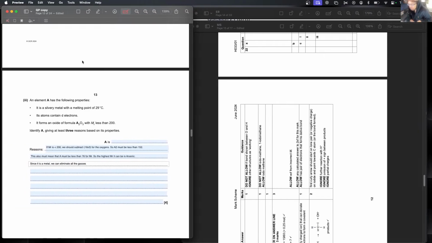Alright. It contains d electrons. Because it contains d electrons, we can then eliminate all elements that are not in period 3.